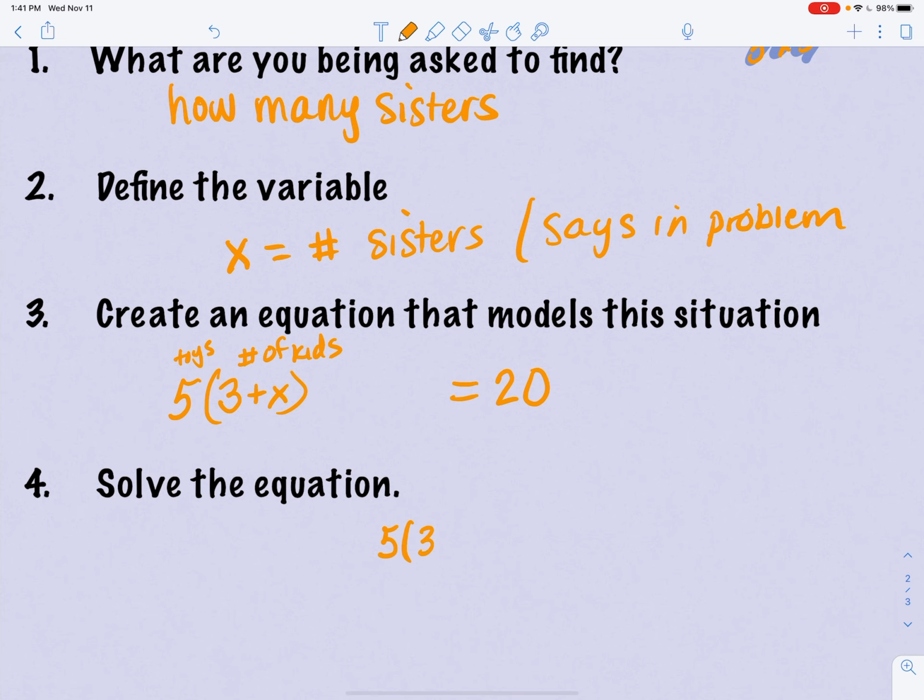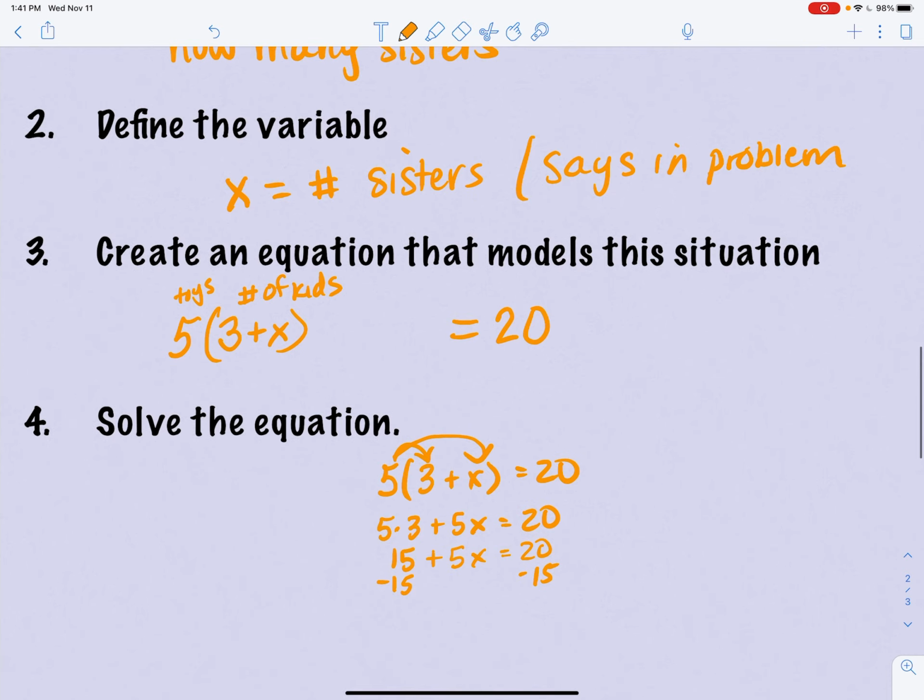All right, so now they want me to solve the equation. 5 times (3 plus x) equals 20. I know that I have to distribute. So this is 5 times 3 plus 5x equals 20. So this will be 15 plus 5x equals 20. I'm going to subtract 15 from both sides. This goes away.